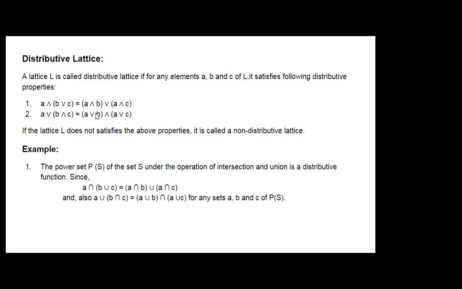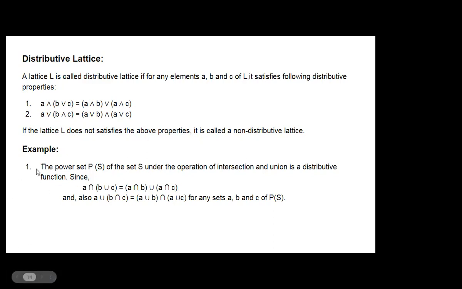These are the two properties that have to be possessed by the lattice; then that lattice will be known as a distributive lattice. A, B, C are the elements of that lattice. If the lattice L does not satisfy the above properties, it is called a non-distributive lattice.